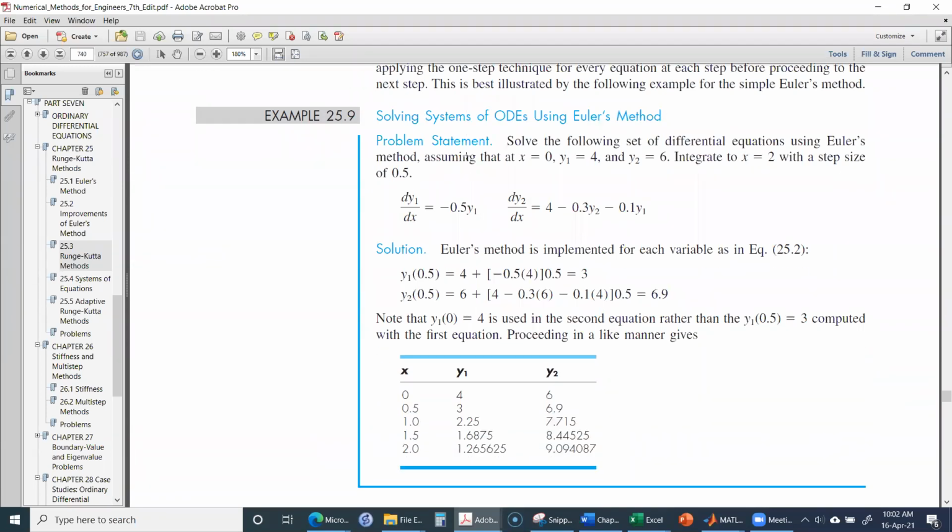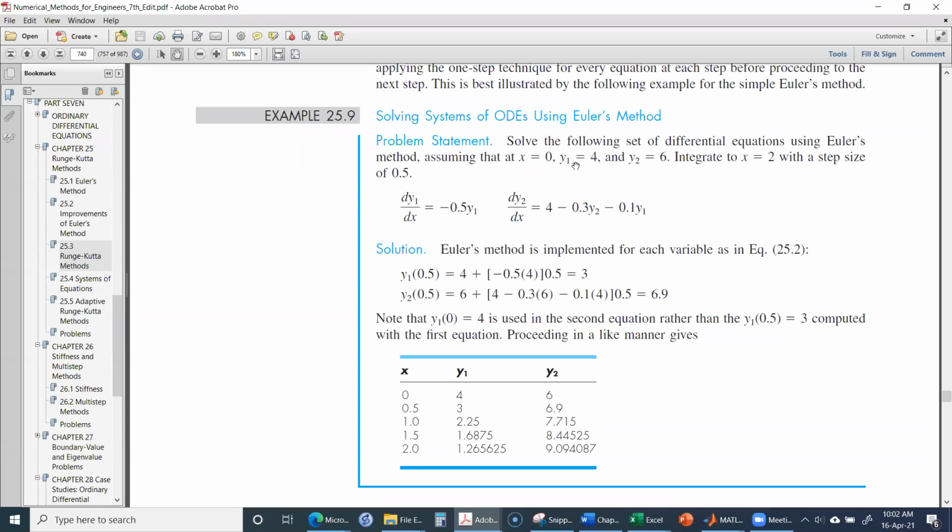Let's see an example of solving systems of ordinary differential equations using Euler's method. Solve the following set of differential equations using Euler's method, assuming that at x equal to 0, y1 is equal to 4, and y2 is equal to 6.